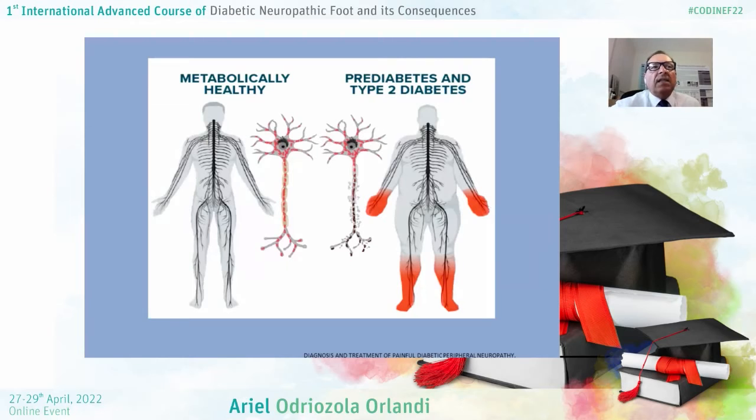In prediabetes and type 2 diabetes, the chain of injurious events leads to mitochondrial dysfunction with adenosine triphosphate loss and distal to proximal degeneration of energy-starved axons.